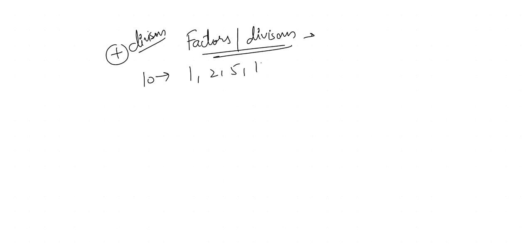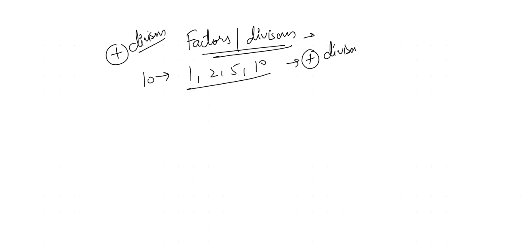For example, 10 has how many? Mostly the questions will talk about positive divisors, so we'll have to consider only the positives, not the negatives. So 10 has 1, 2, 5, 10. These 4 positive divisors. Divisors or factors, it's one and the same thing.